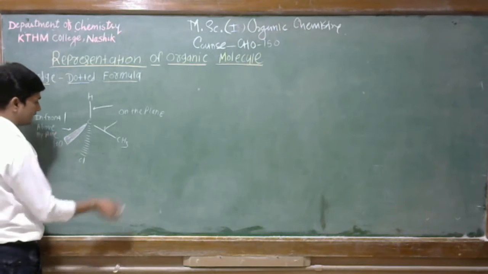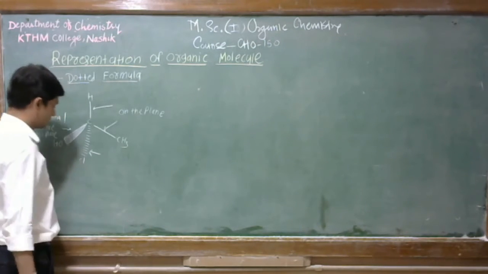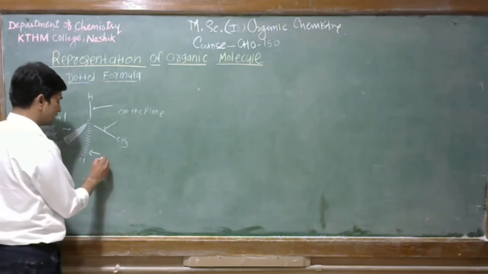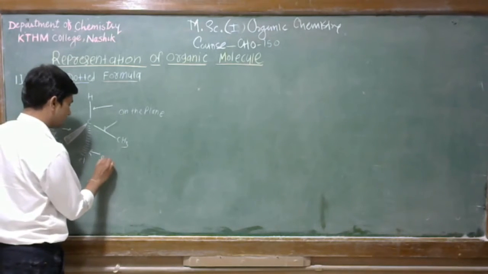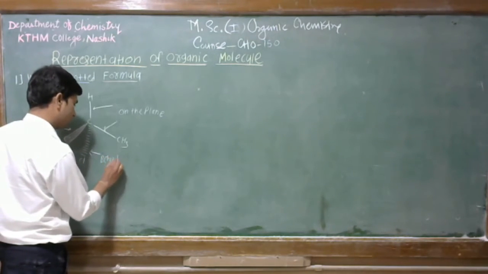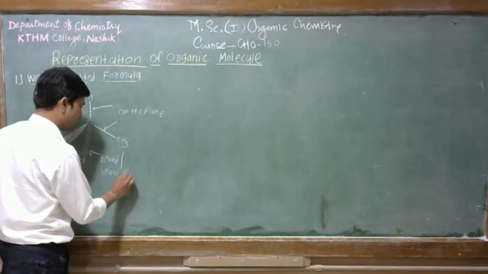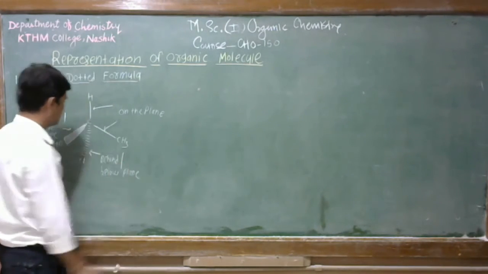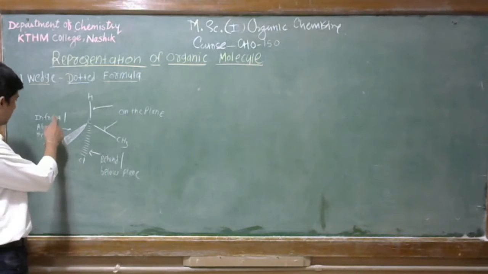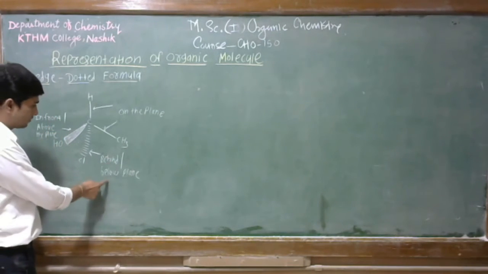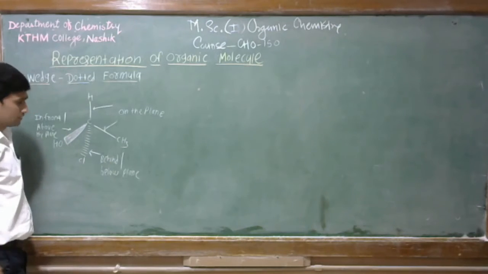And the dotted line shows us the group present behind the plane or below the plane. What is meant by this? In front of the plane or above the plane, behind the plane or below the plane.